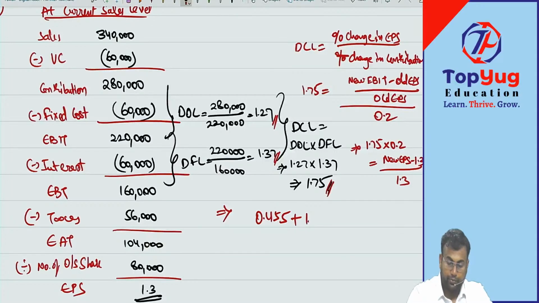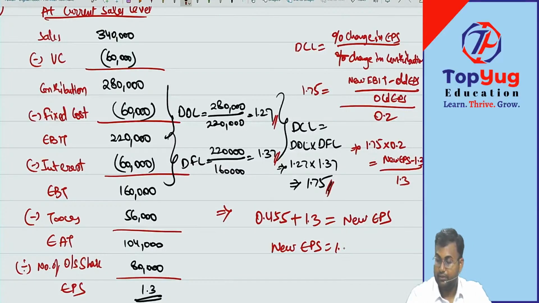If you send this 1.3 to this side, it becomes plus. So your new EPS in case the sales are increasing is 1.55.